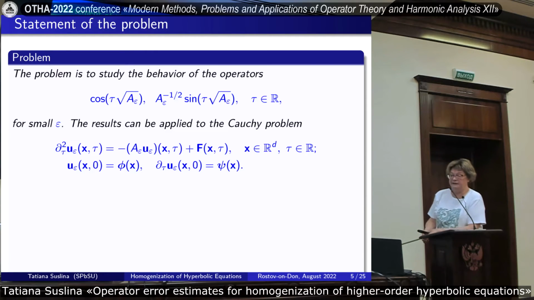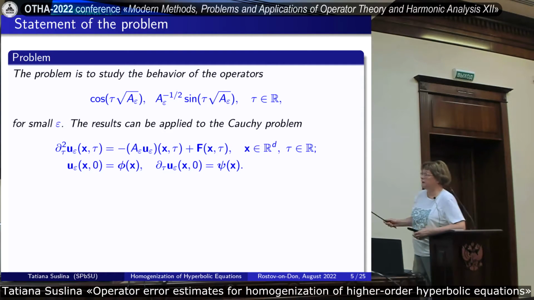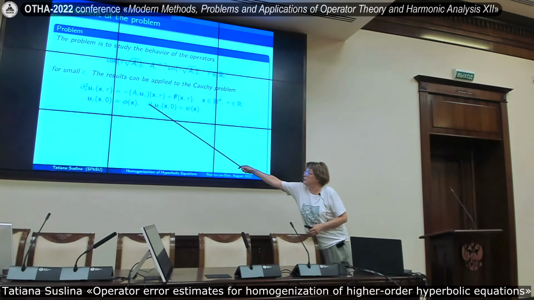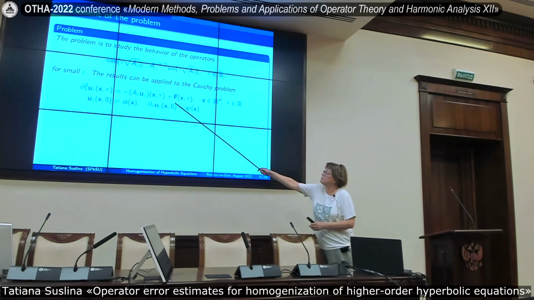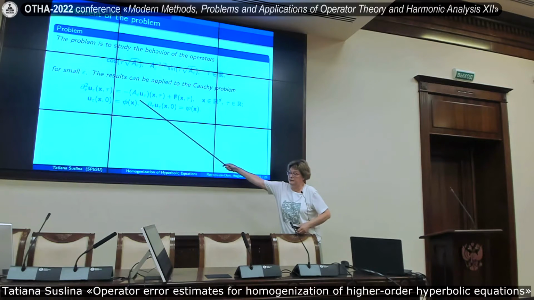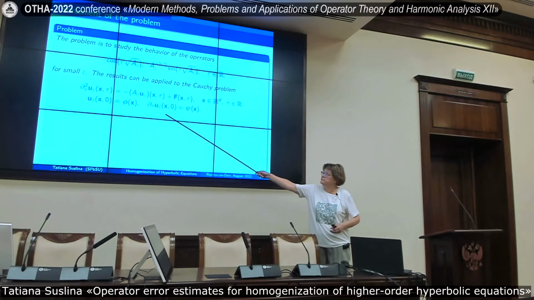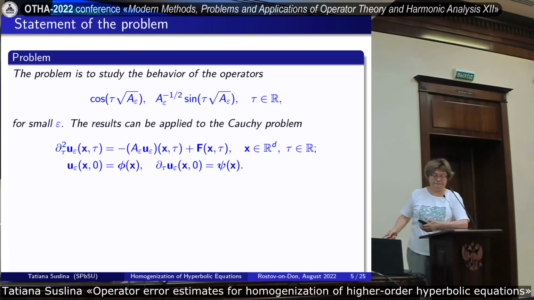We will formulate the results in operator terms, but of course we can apply them to study the behavior of the solution u epsilon of the following Cauchy problem. Here we have a hyperbolic equation involving A epsilon and initial conditions.